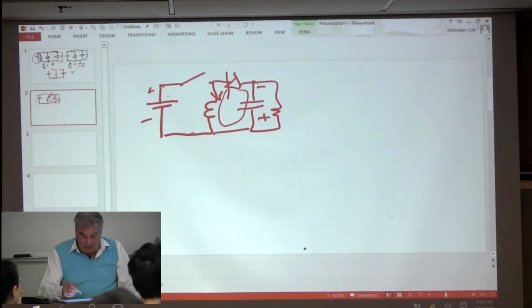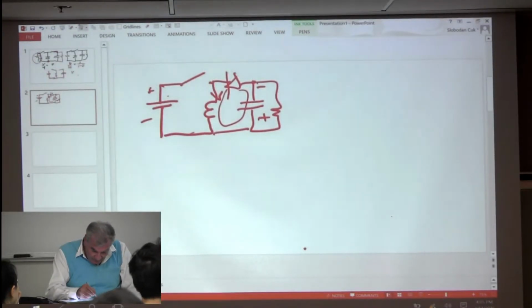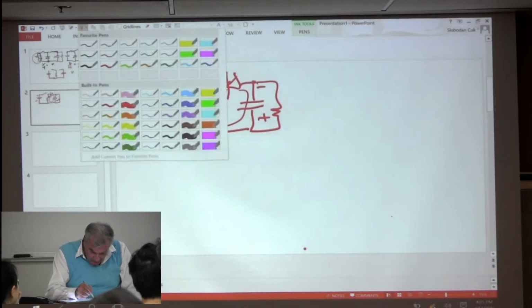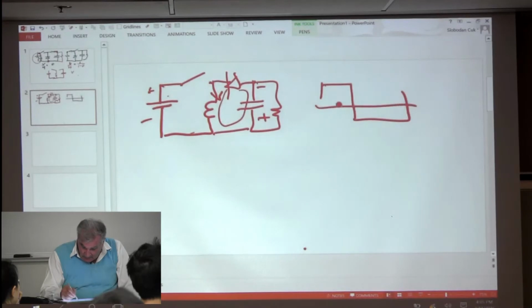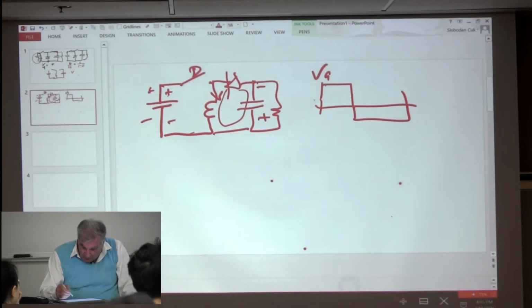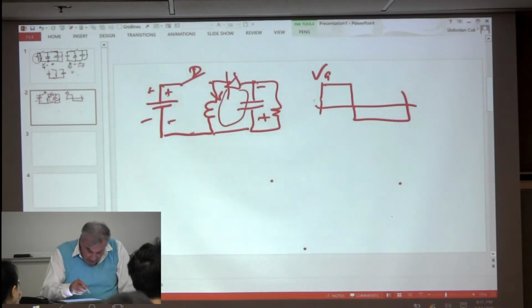If you look at volt-second balance, you're going to see that the voltage is like this, either plus VG during the on time D, and during the off time it is minus V.